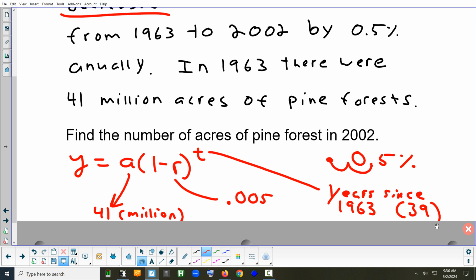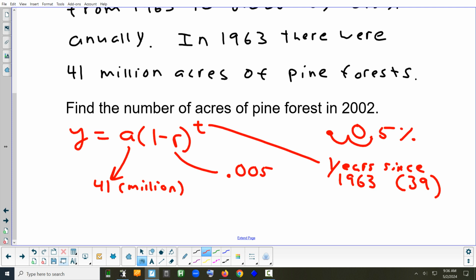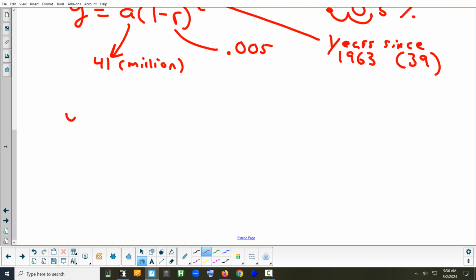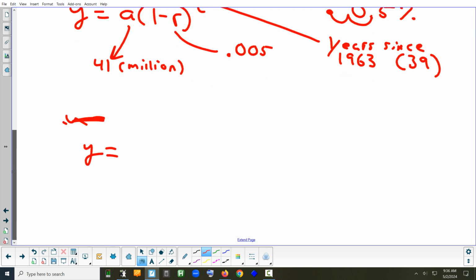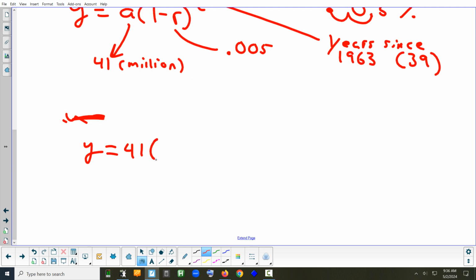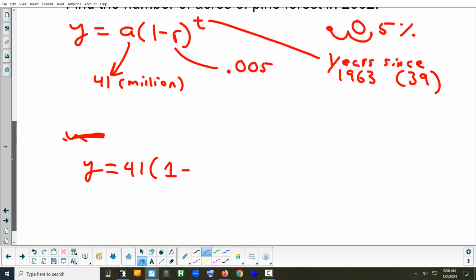All right, so let's plug in everything, and we need to do it out and see what we get. Okay, so we have y equals. What are we filling in for A? 41. Okay, so 41 times 1 minus, what is my decay rate? 0.5.